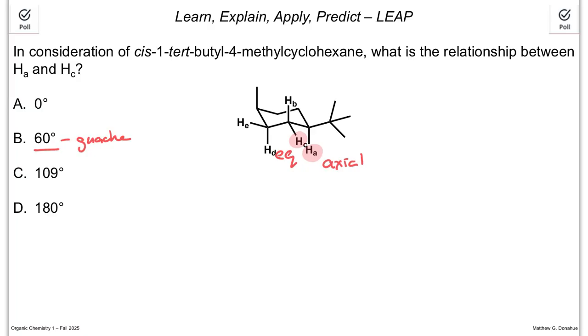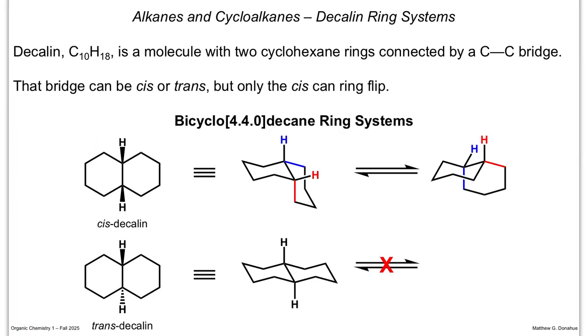I think that is going to wrap up the cyclic stuff here. One more brief slide. I put this in here because every book has this. If you take two cyclohexanes and bridge them together, so we learned about these bicyclo compounds.